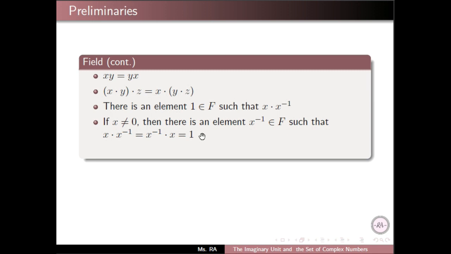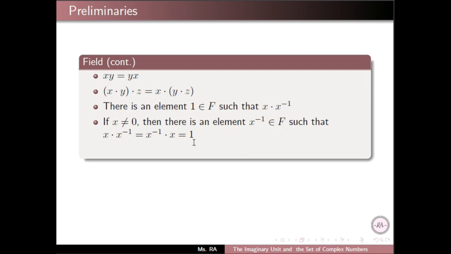As you can see, for every non-zero element x in F, there's a so-called multiplicative inverse of that x, which is also an element of F. And it satisfies the property that if we multiply x by its multiplicative inverse, we're gonna get the multiplicative identity, which is 1.